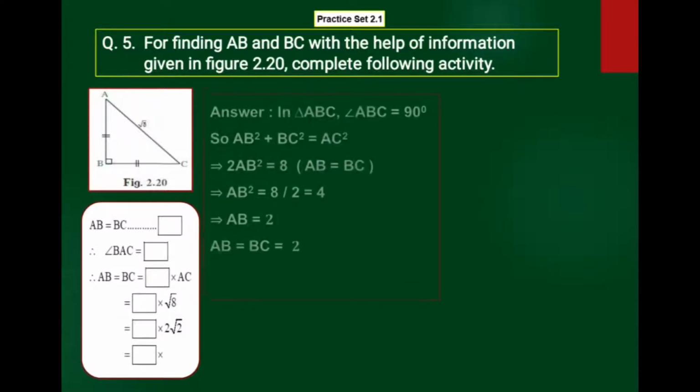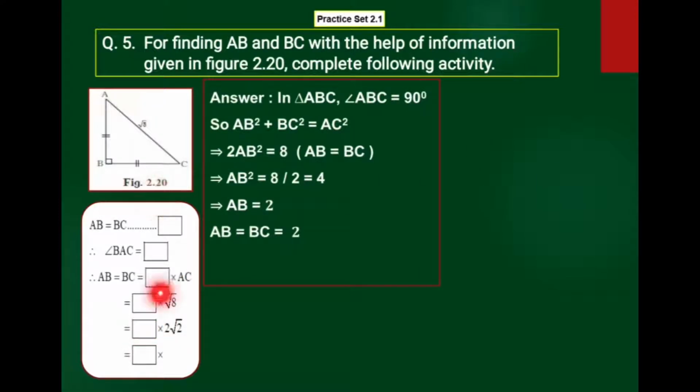First we find the lengths AB and BC by using the Pythagoras theorem. In triangle ABC, angle ABC equals 90 degrees, so we use the Pythagoras theorem. AB and BC are the adjacent sides, so the sum of their squares equals the hypotenuse square.